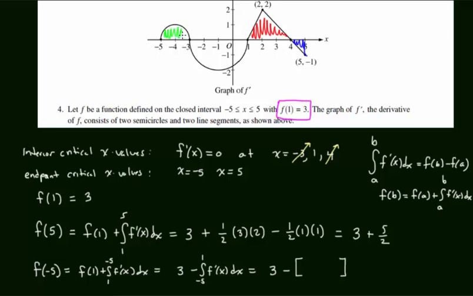That'll have me look at the circle in green, and then I'll have to take away the area of the circle here in pink. The green semicircle will have an area of pi over 2, and then I take away the area of the pink, which has an area of 4 pi over 2, which will give me 3 minus a minus, so plus 3 pi over 2.